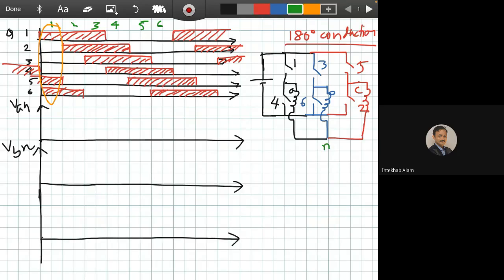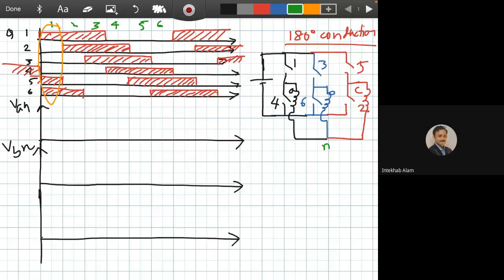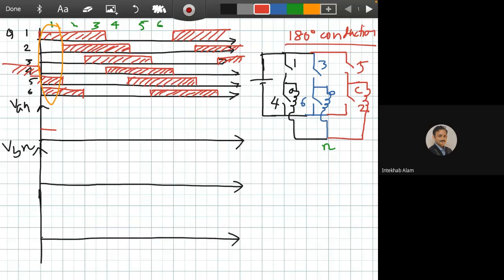So current will enter through 1 and 5 and will go back to the voltage source through 6. So VAN equals 1/3 of V in. Do you have any question regarding this point? And VBN was 2/3 of V in.